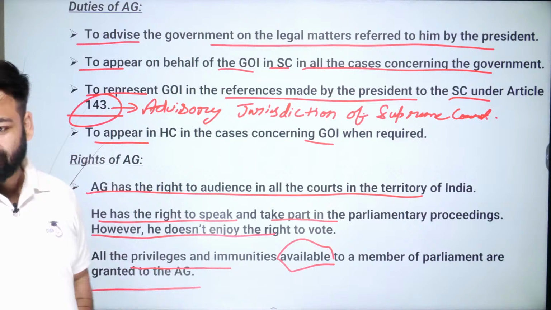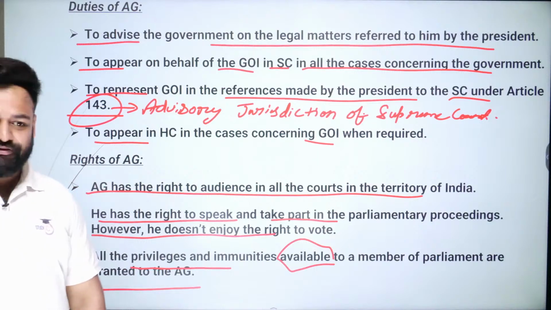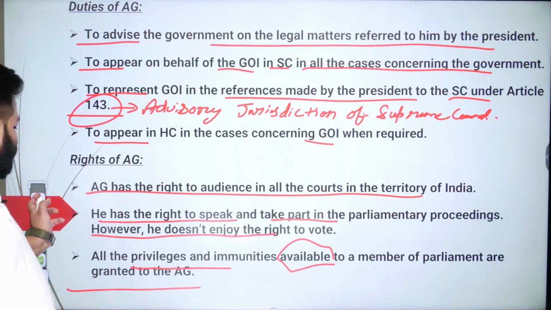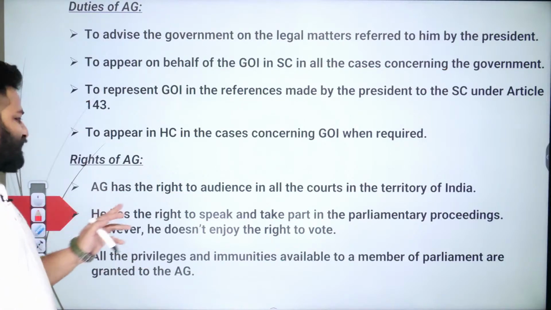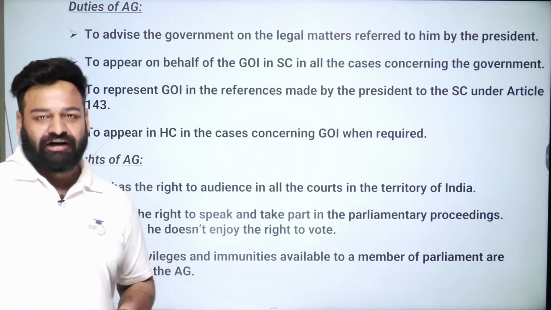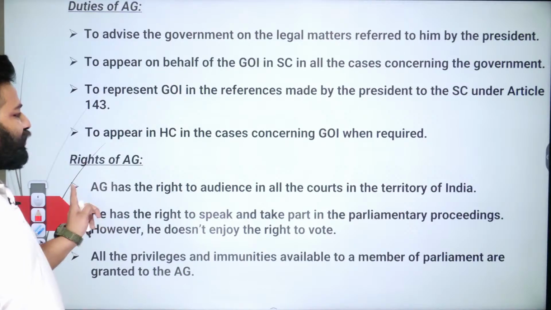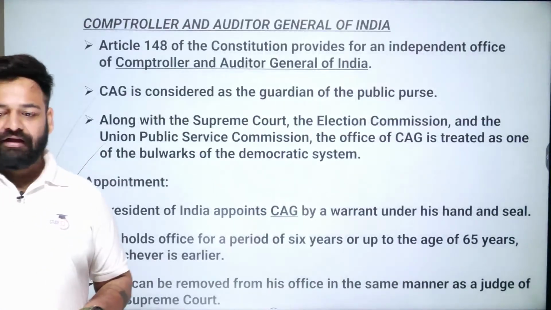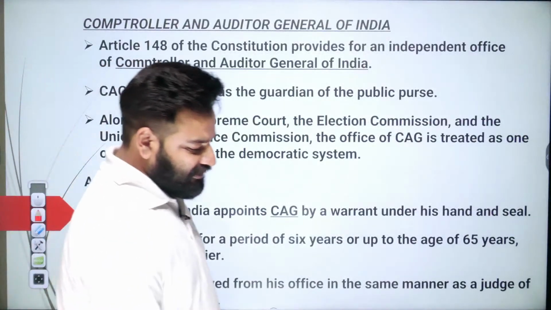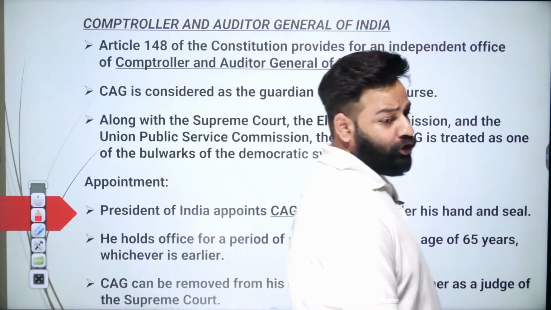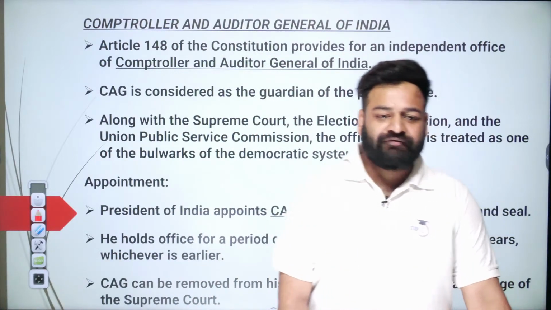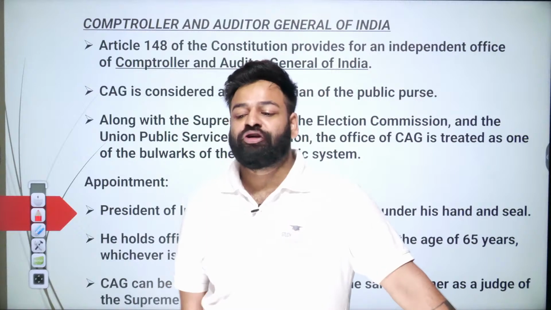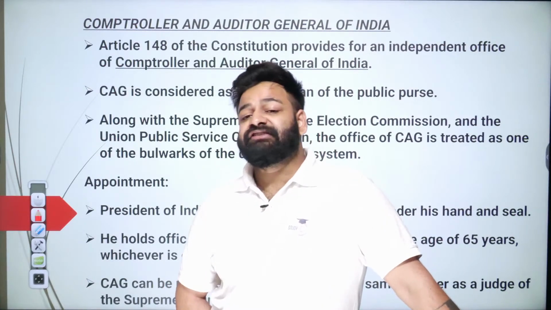Yes, Article 76 clause 2. So all the privileges that are given to the members of parliament are also given to the Attorney General of India. Next, the Attorney General of India is considered as what? The highest law officer.